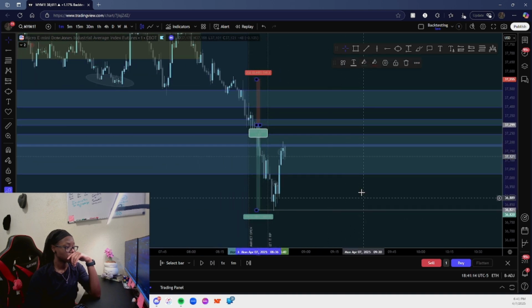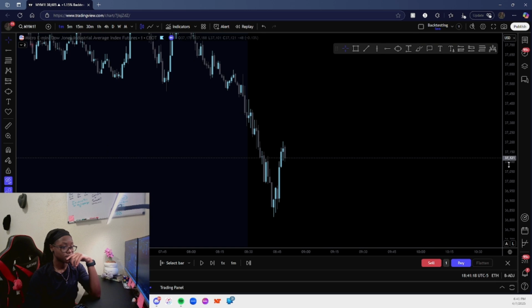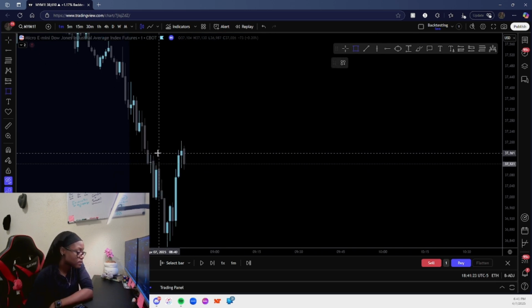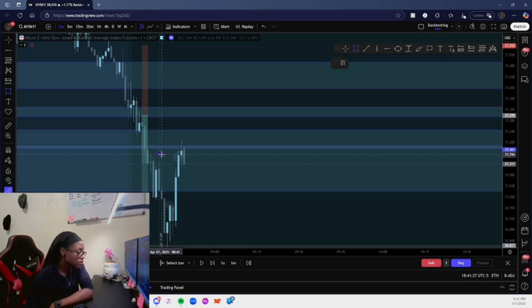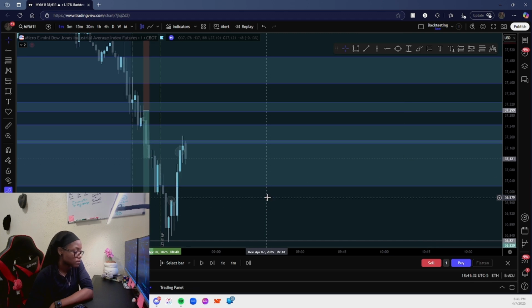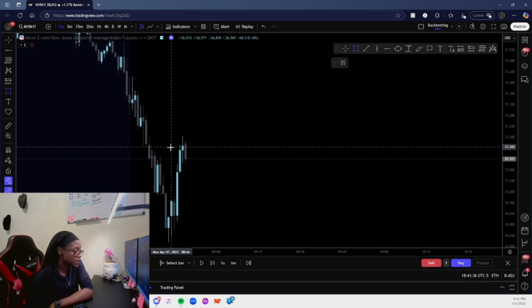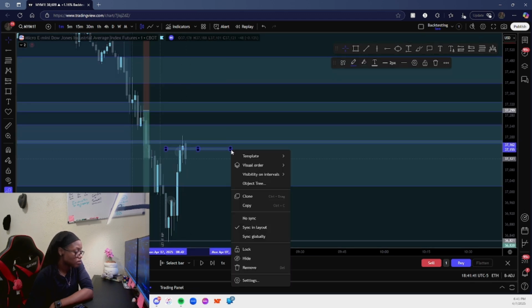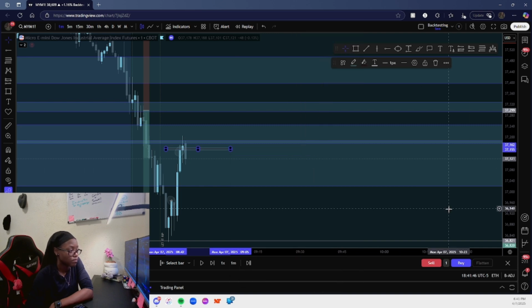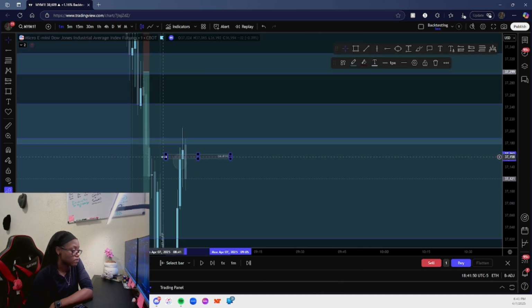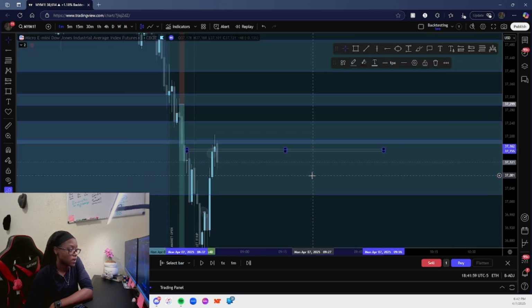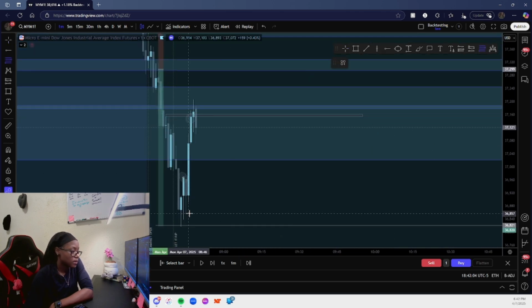My entry was a quick 1-minute bear to bull inverted fair value gap. Label that real quick. There, inverted fair value gap.